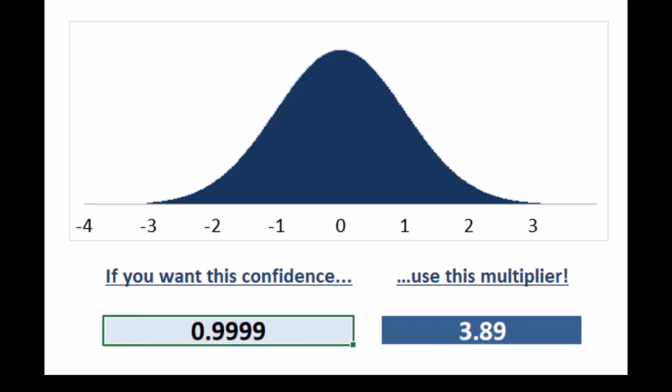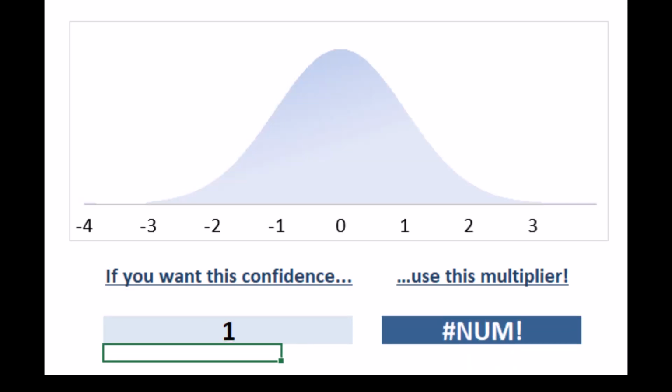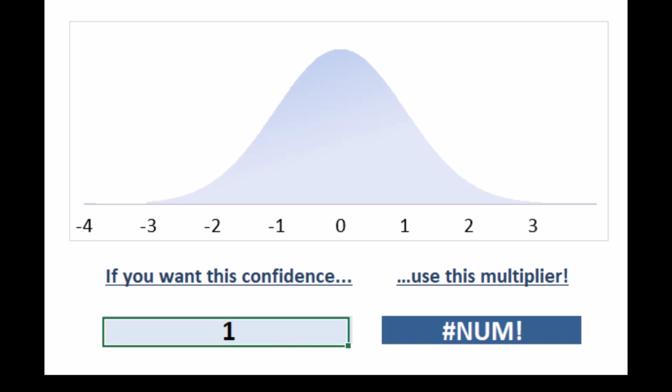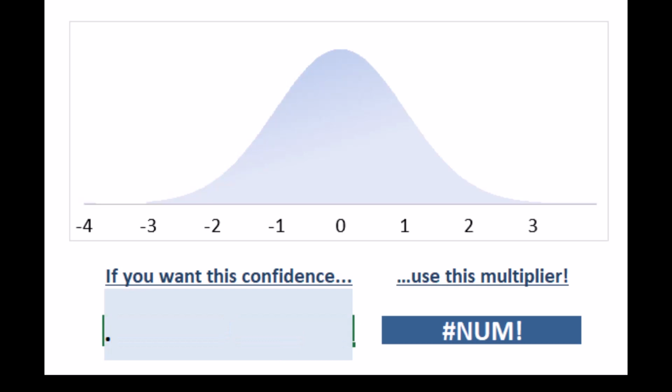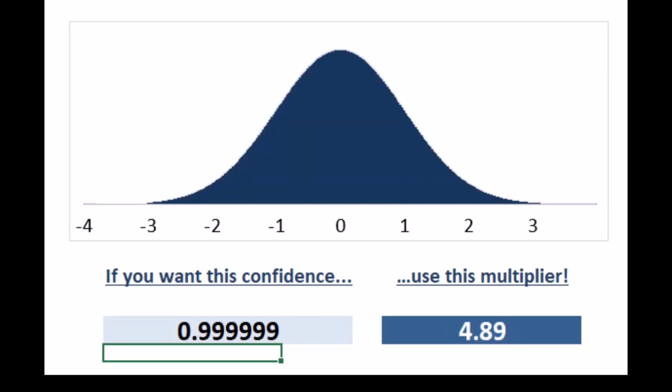Now, you can't go to 100% confidence. You can't. It's going to break Excel because the mathematics doesn't make any sense with 100% confidence. And again, I wish we had more time to talk about the normal distribution as to why, but you can get very close to that 100%. You can get out to 99.9999% confidence, for example. Now you're out almost 5 standard errors.